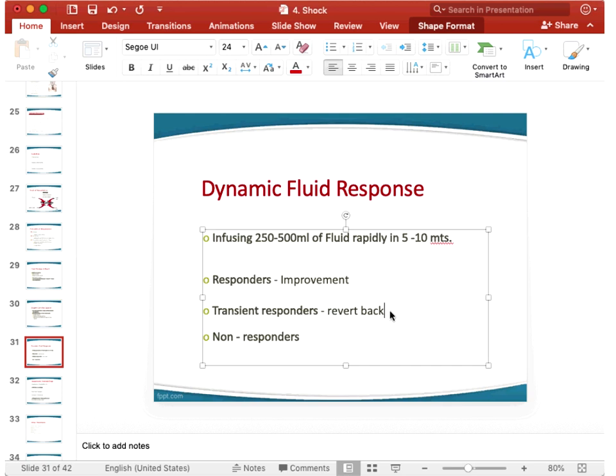This means that the damage is still out there, so you have to look for it. If your patient gets better, but then goes back again to feeling bad, he's a transient responder. You have to look carefully for the cause. And there are patients that are non-responders. Watch out for these, because these are very serious cases.